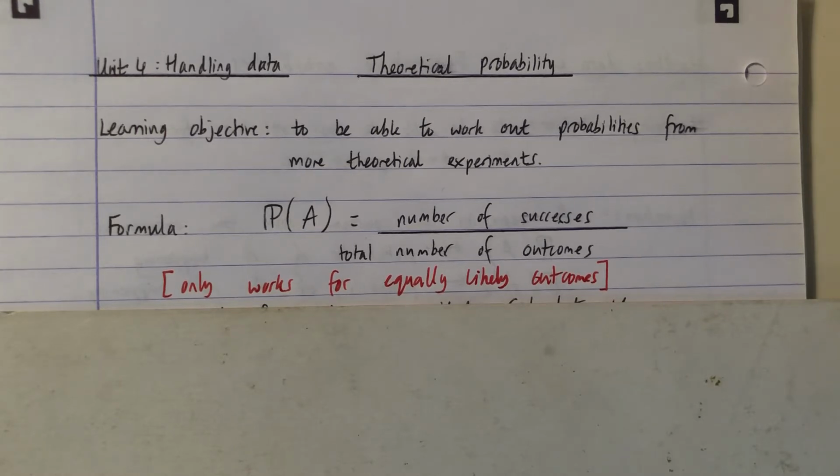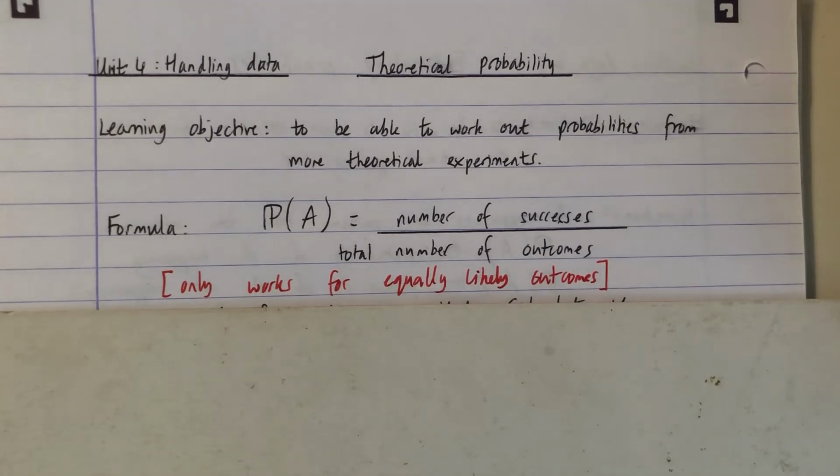For example, if I was asking the question of whether I was going to win the lottery or not, now me winning the lottery and me not winning the lottery seems like two outcomes, but the probability of me winning the lottery is not 1 out of 2, because me winning and me not winning are not equally likely. So I couldn't use that fraction to work out the probability of me winning the lottery.